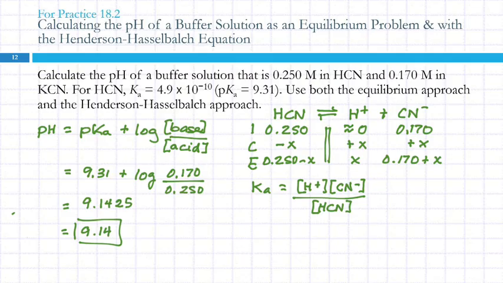So they gave us Ka, 4.9 times 10 to the minus 10. That would equal x times 0.170 plus x divided by 0.250 minus x.